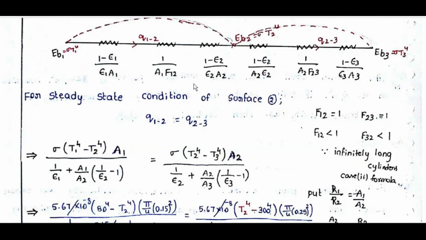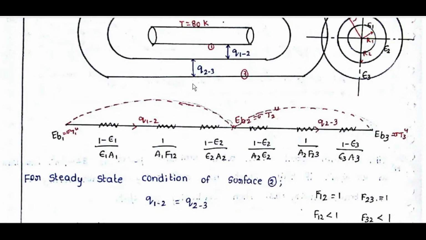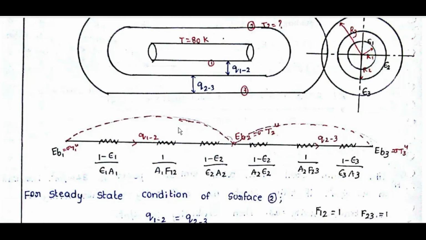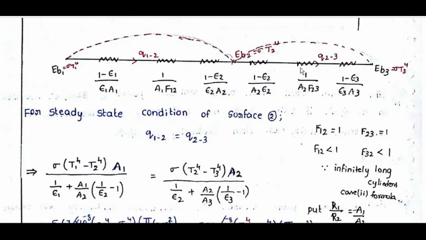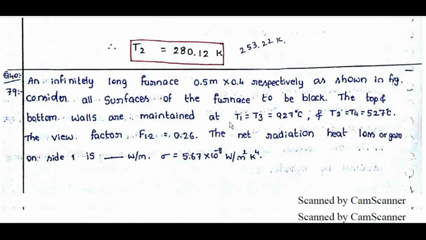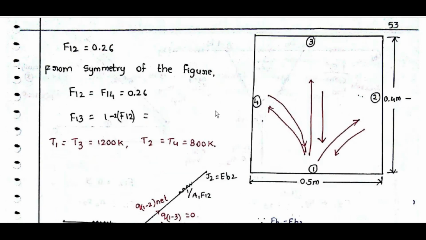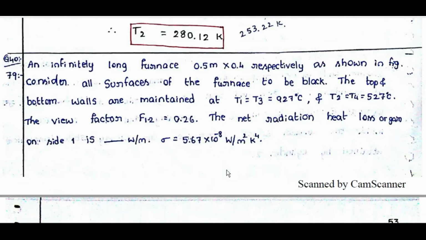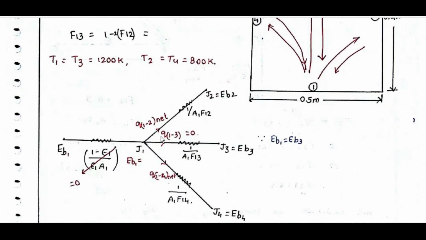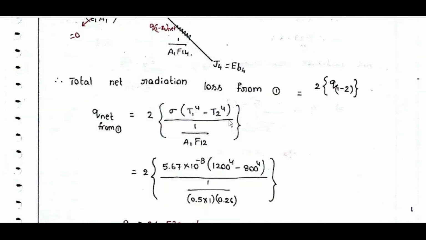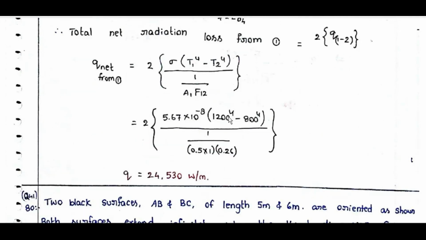Insert 3 cylinders. Then from that we can get all these resistances, normal only, but lengthy. 1, 2, 3, 4, infinite line, infinite fence. Q net from the surface.